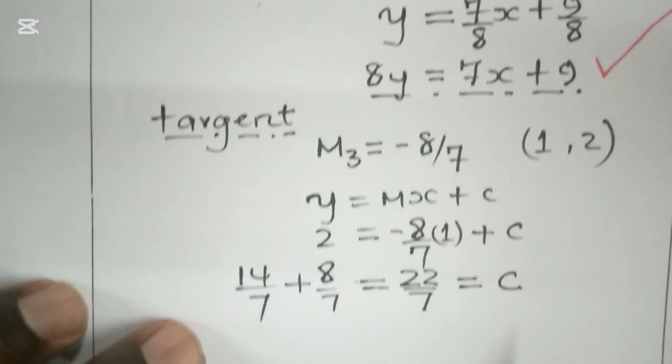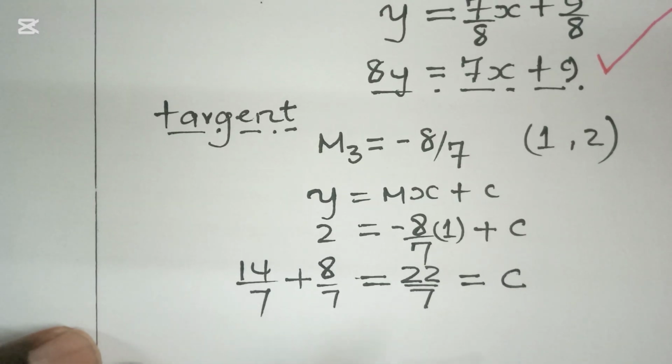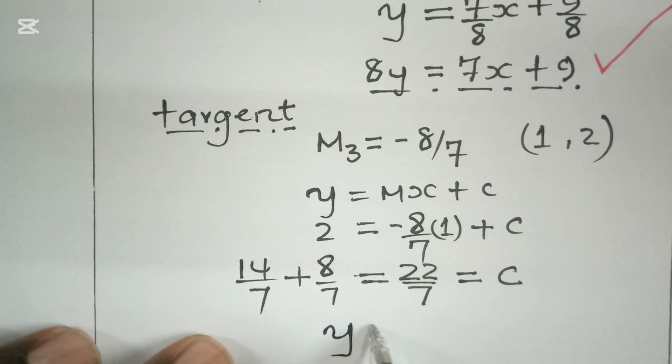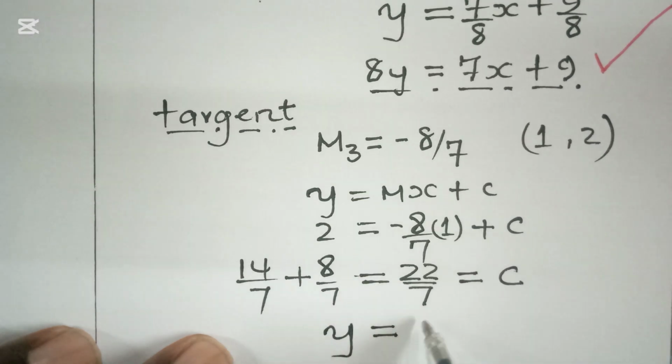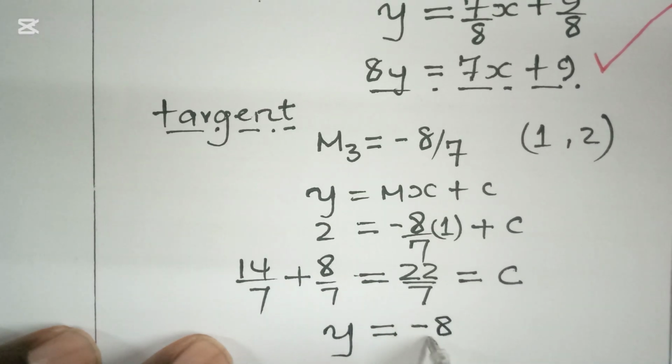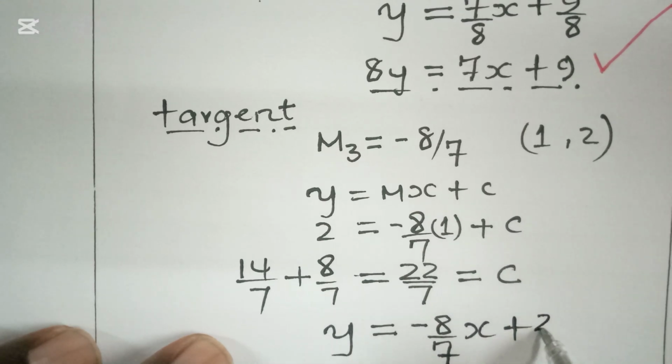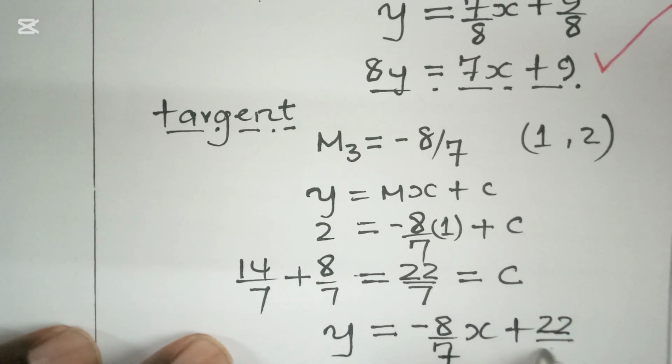And so therefore, I can now write the equation. The equation is going to be y equals, the gradient is negative 8 all over 7, x there, plus the c. C is going to be 22 over 7.